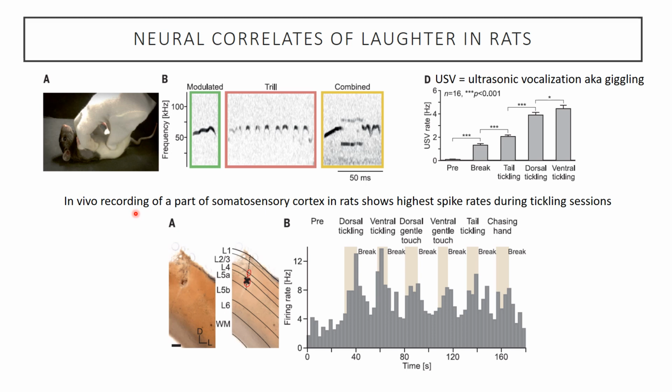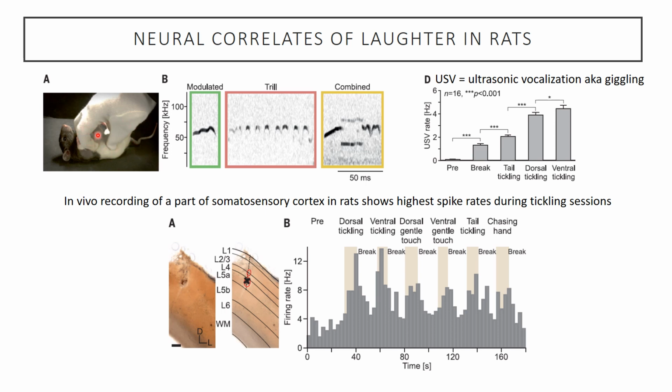One thing he has talked about, and it's pretty hilarious, is that rats will giggle when you tickle them. There have been some experiments to show exactly how this happens. These are some images from a paper that was published in Science about 4 years ago.